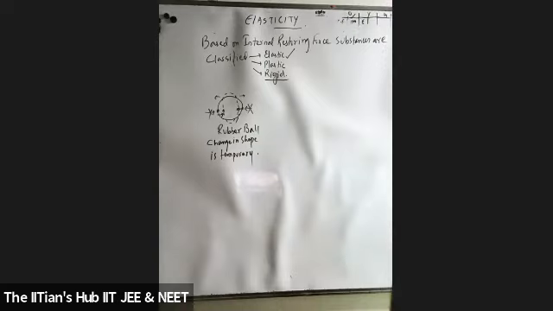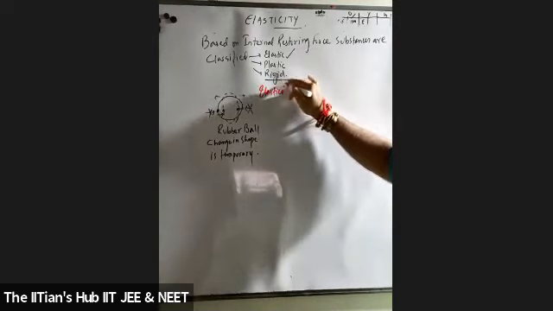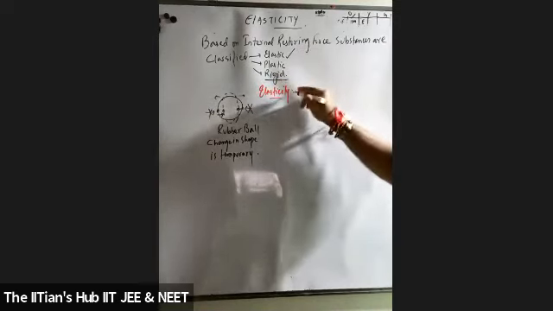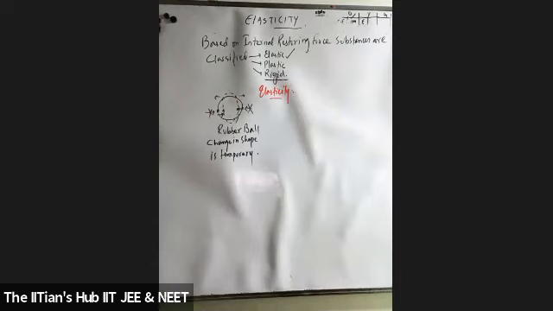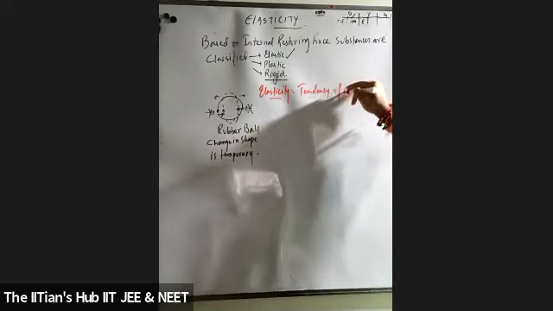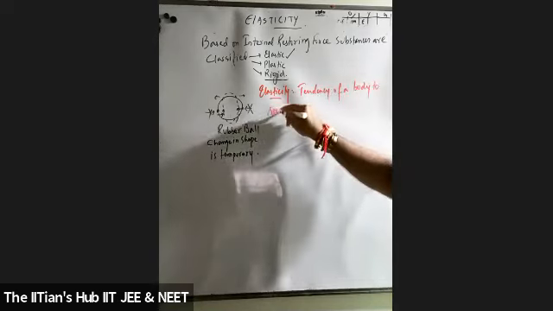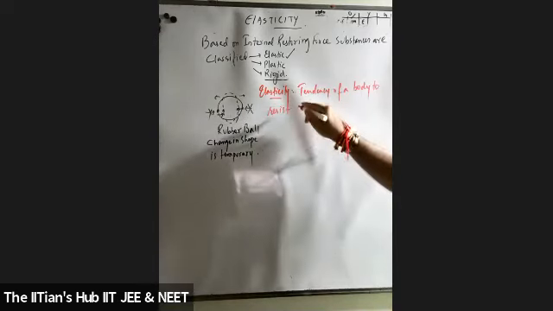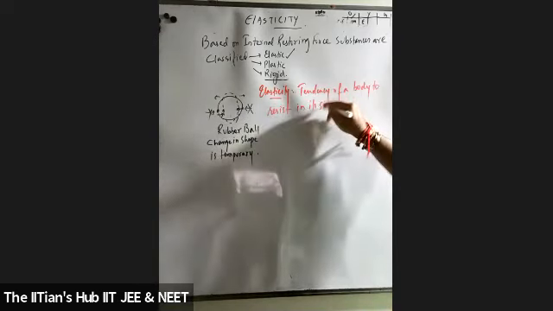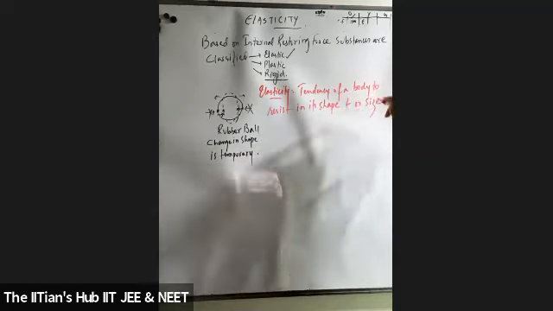See, when you go for the exact definition, students, one can say elasticity is defined as what? Elasticity is actually the tendency of a body to resist change in its shape and or size.